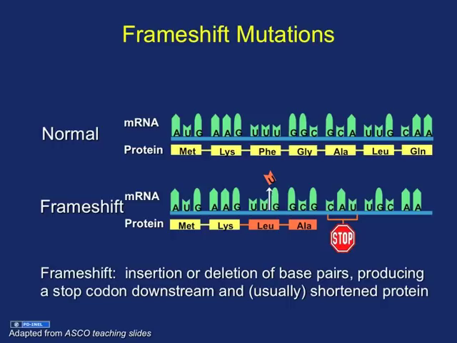This is a deletion of a single U. Everything slides over, and you change the way you read this. You change the amino acid. Eventually, by chance, you generally encounter a stop codon. So generally what happens with a frame shift mutation is at the point of mutation, you have garbage for a while, and then it stops. And these also almost always cause disease, but not always, or have potential to cause disease.